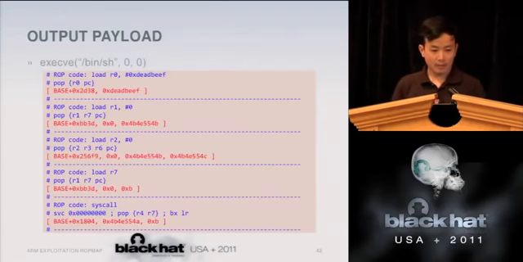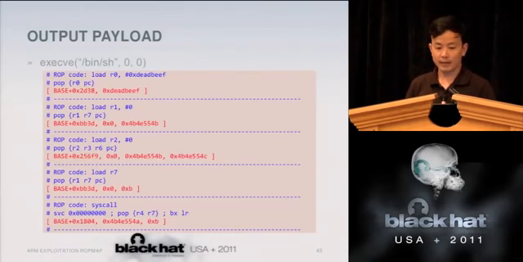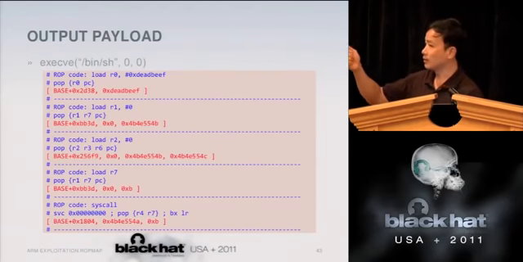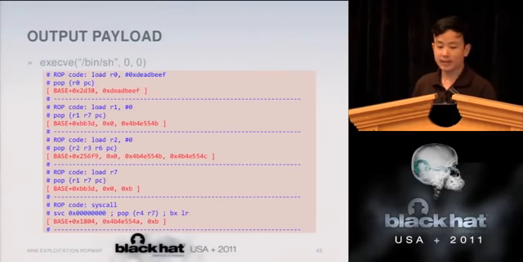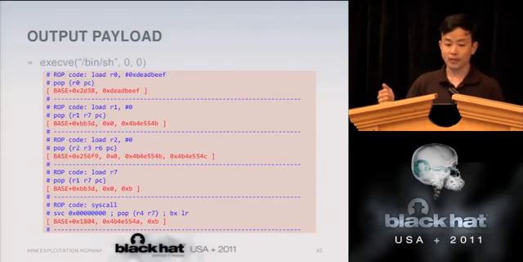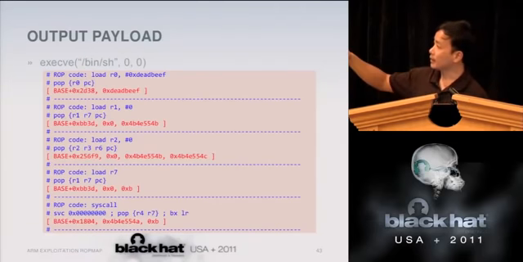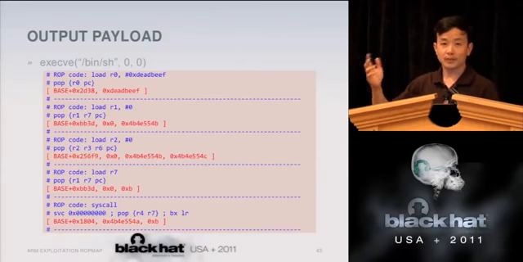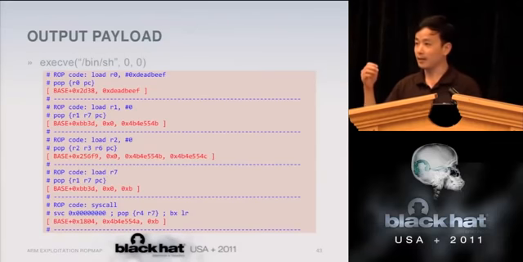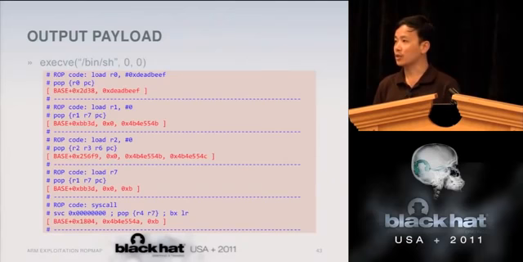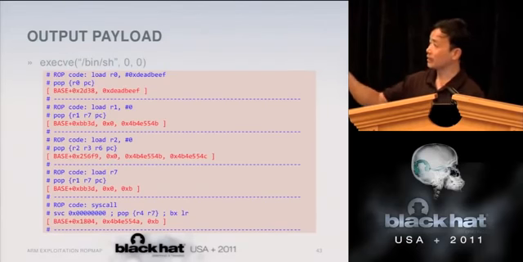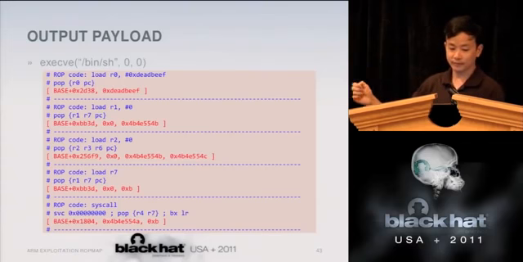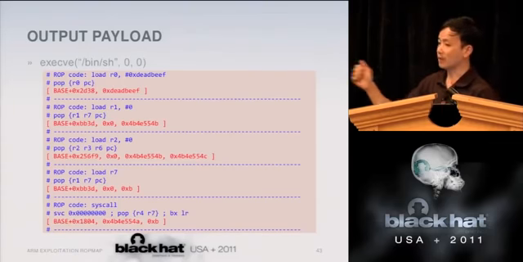For the output payload, here is an example for the previous ROP shellcode, execv /bin/sh with 0, 0. Its output is the ROP code, the gadget instruction, and then the payload. We have the gadget offset and the required value on the stack.